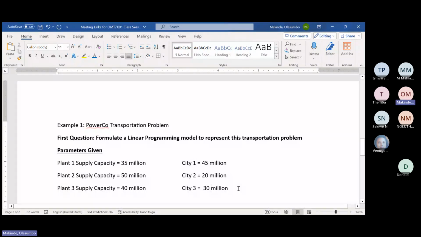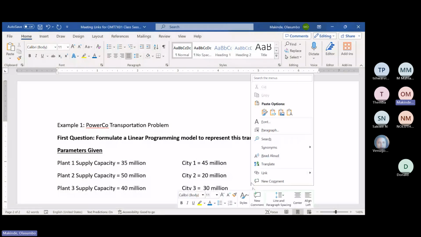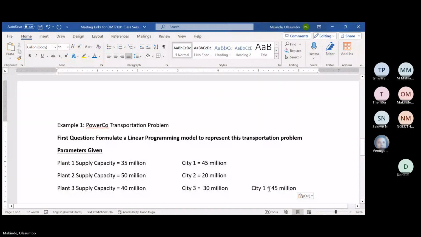Then let me just put city 4 beside here just to make life easy, so that we can see everything at once. Then city 4, the demand is 30 million. Let me check.